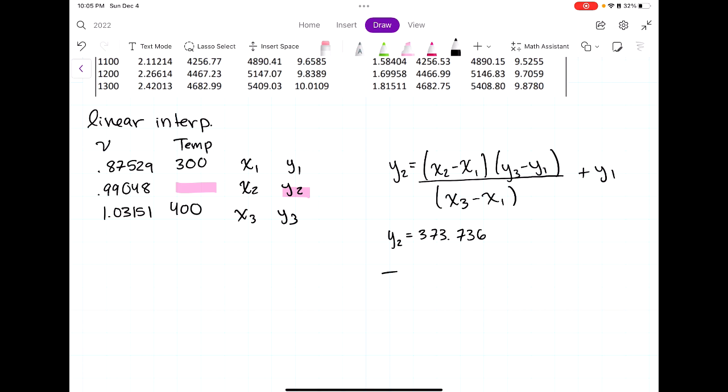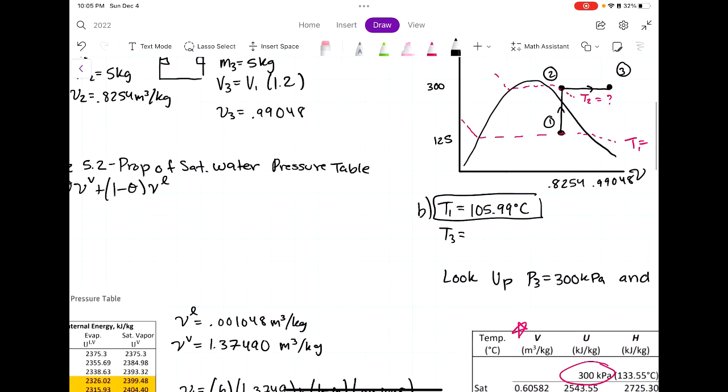So we get that our temperature at state 3 is 373.736 degrees Celsius. Alrighty, so that's question B.